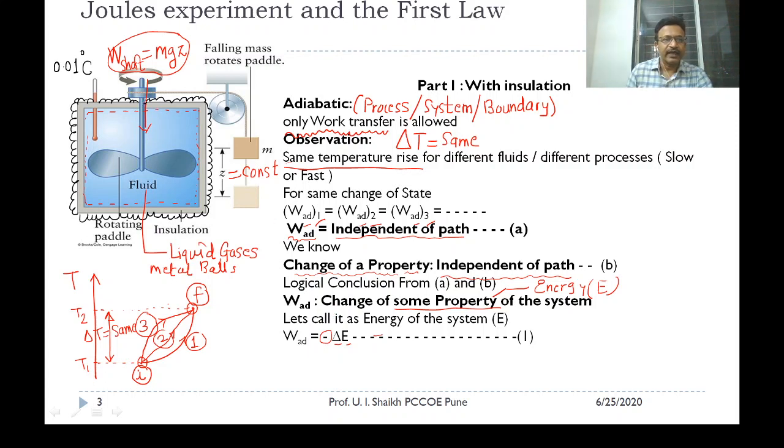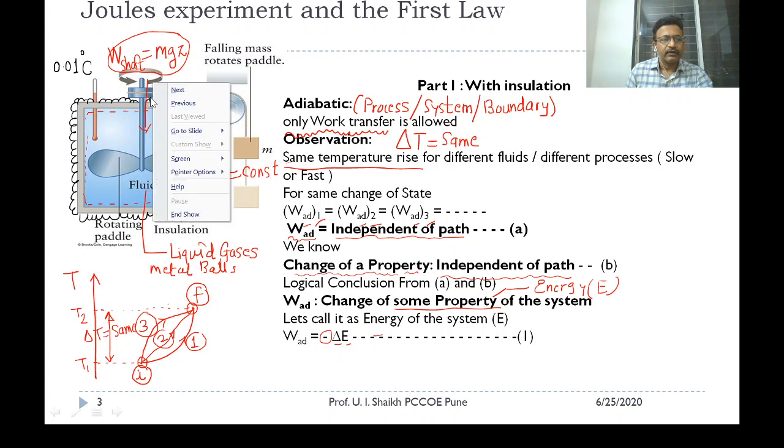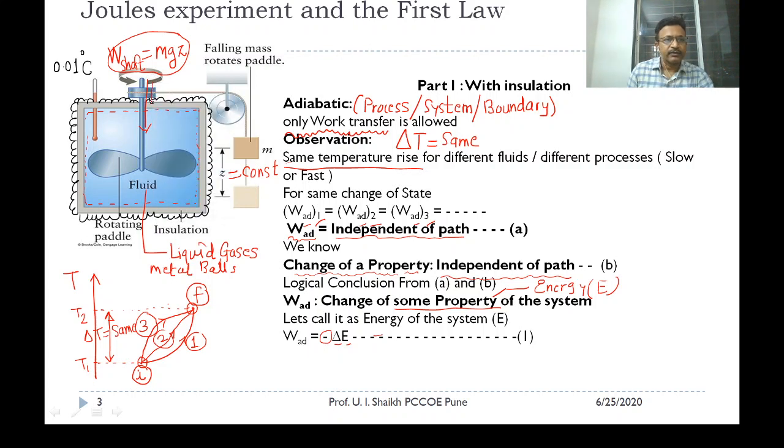If you look at the diagram, the work is supplied from the surrounding to the system, and that's why, as per the sign convention, the work done is negative, and that's why this negative sign is added. I'm calling this equation number 1, and this is nothing but the definition of change of energy. If you rearrange this equation, you can say that change of energy is nothing but the adiabatic work transfer across the boundary of the system.